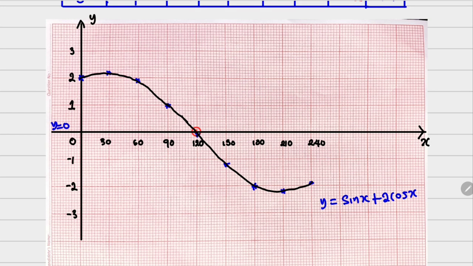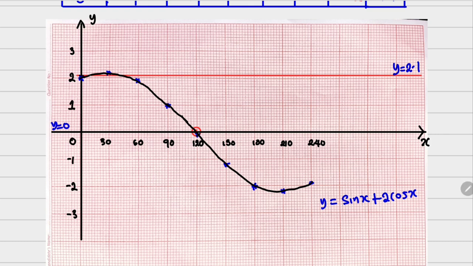Then you move to the graph. Go to where you have 2.1, and draw a straight line. On this graph, you write y equals 2.1. Now we go to where it cuts the graph, because that is where we are going to pick our solution from.